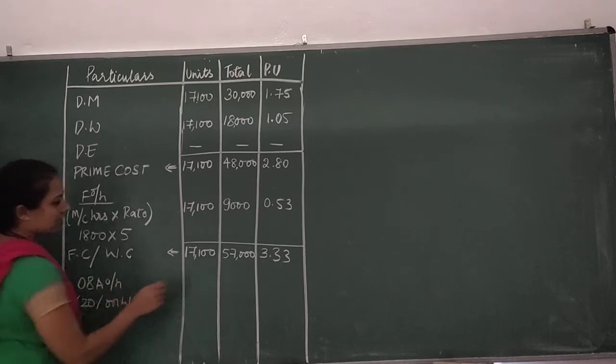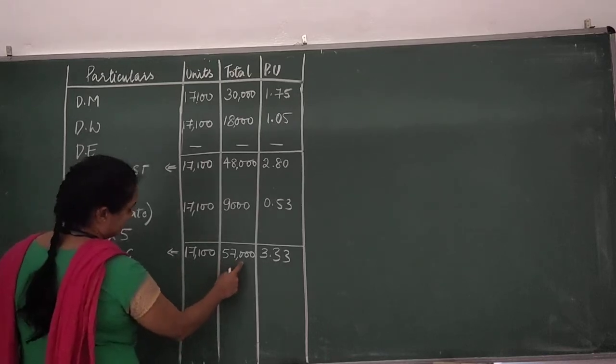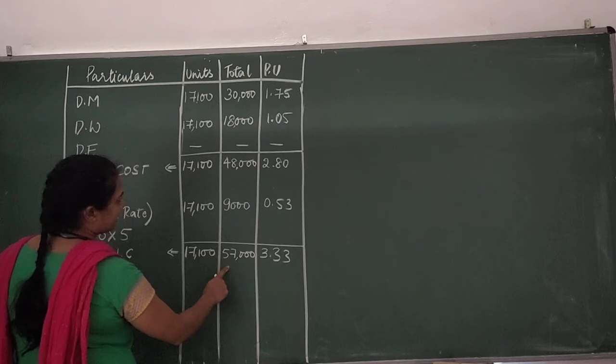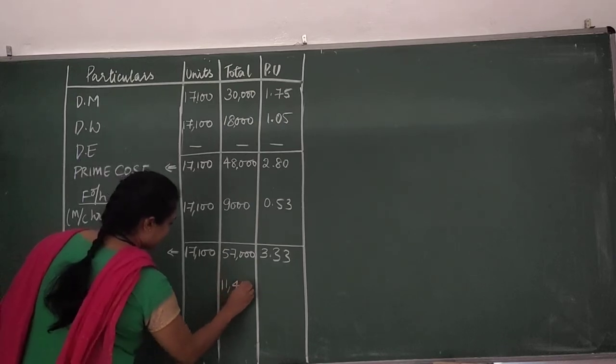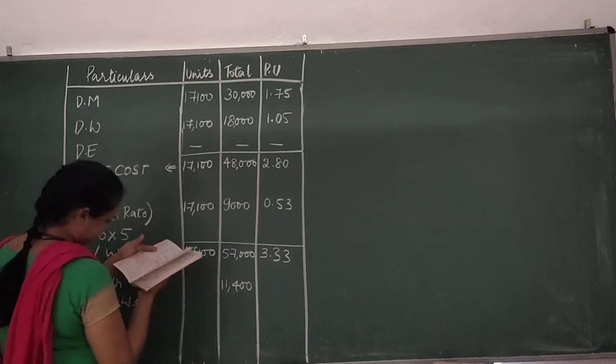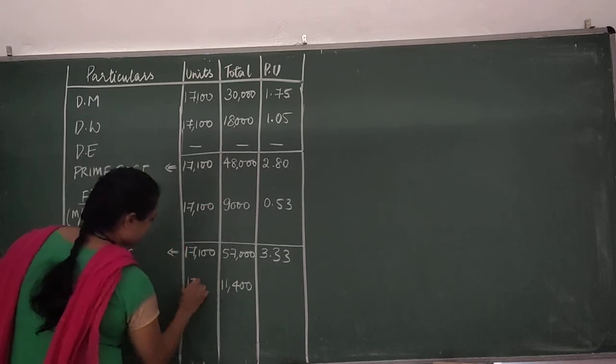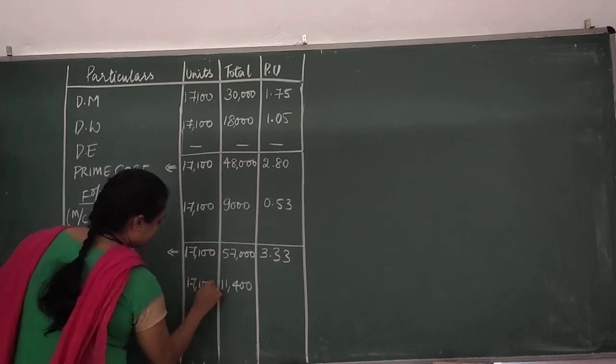So 20%, 10% is 5,700, 20% will be 11,400. Yes, correct.